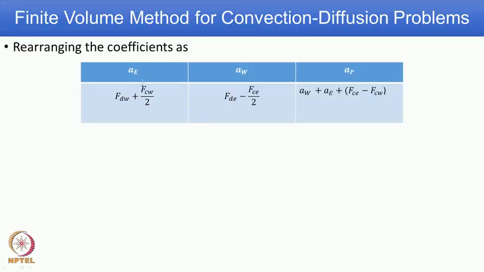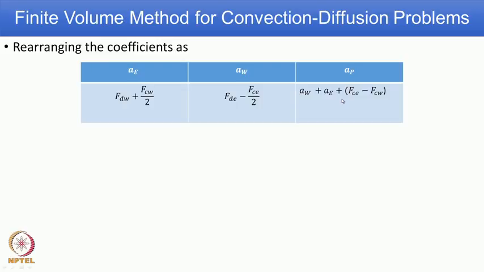So, we have AE as defined, FD evaluated at the west face plus FCW by 2, then AW written as shown here. So, you are able to write the coefficient for AP as the sum of the coefficients for the west node, the east node, and this subtraction.